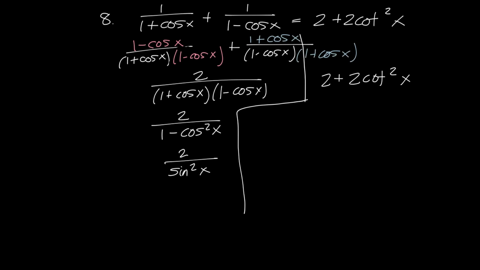So we're going to first factor out a 2, giving us 2 parentheses 1 plus cotangent squared x. Okay, and one of the Pythagorean identities tells us that 1 plus cotangent squared x is cosecant squared x.